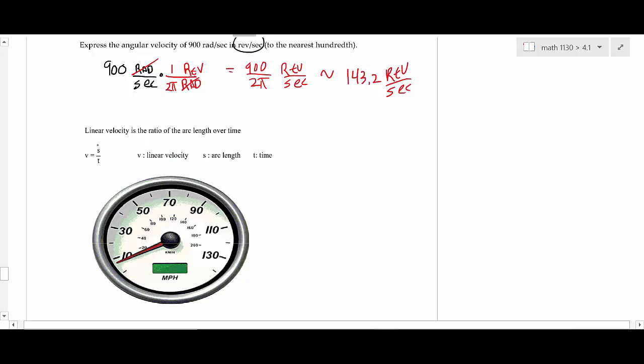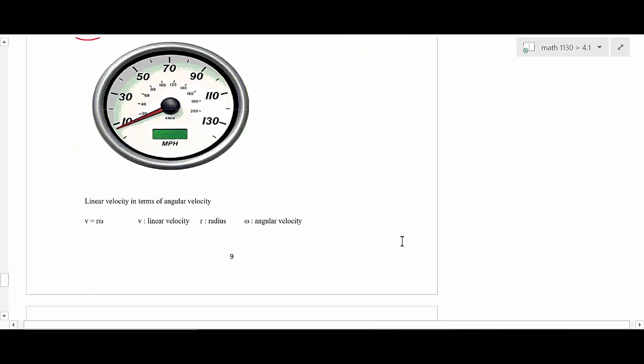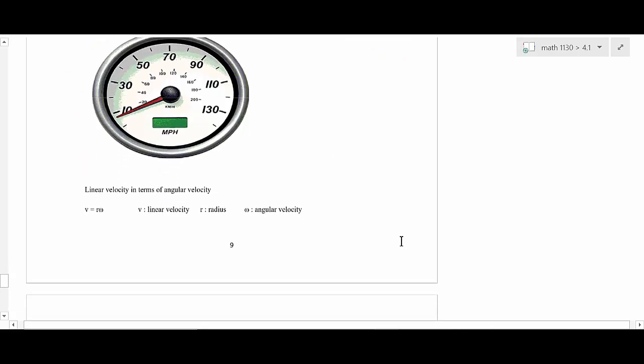So what we have in this formula is V is linear velocity, S is arc length, over time, and the basic units on this are what you're familiar with, miles per hour, meters per second, that kind of thing. The formula I want to talk about to wrap this up is the connection between the two.